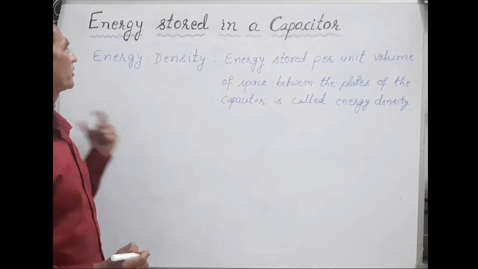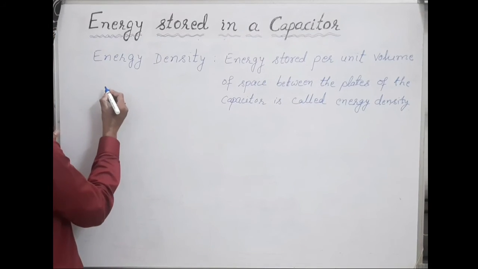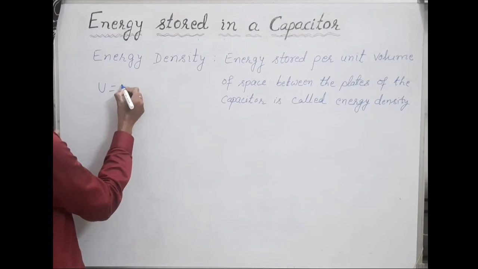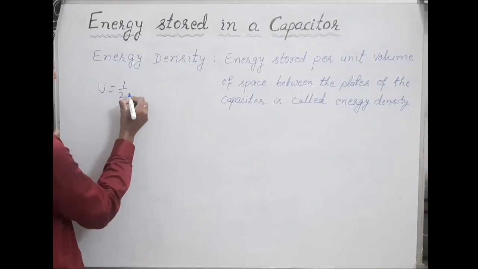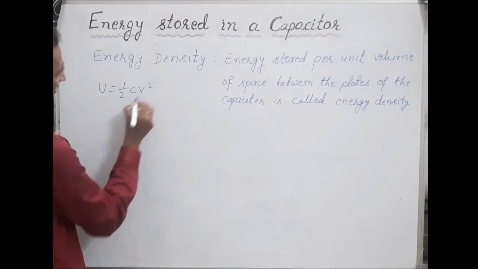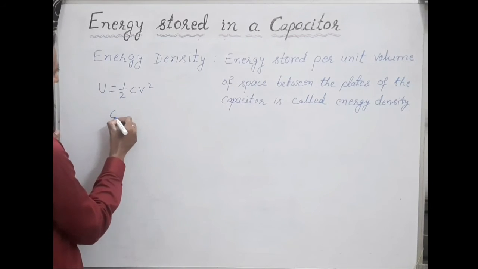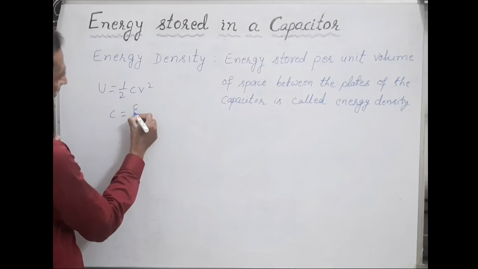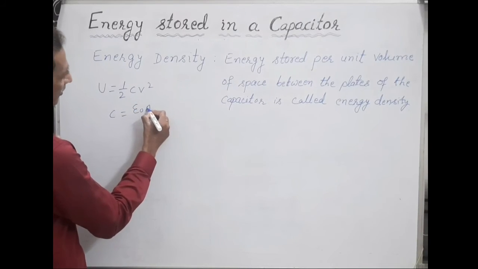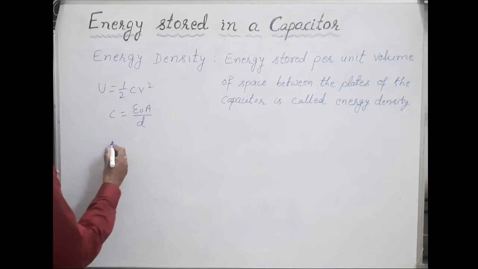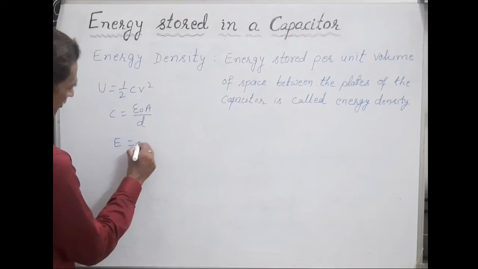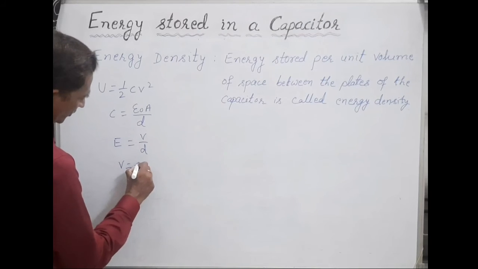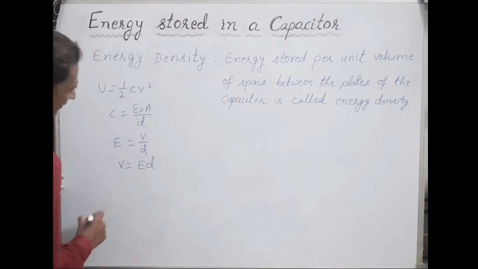The expression for this we can find out by using the energy stored in a capacitor relation, U is equal to half CV square. Here C is the capacitance of a capacitor, that is epsilon naught A divided by D. E is equal to V by D, and this gives V equal to ED.